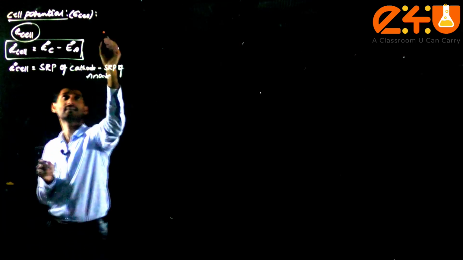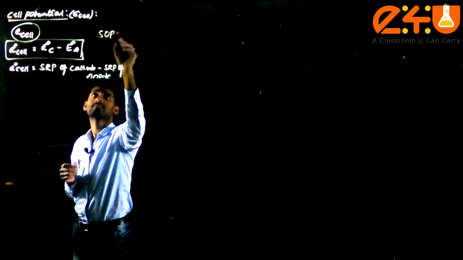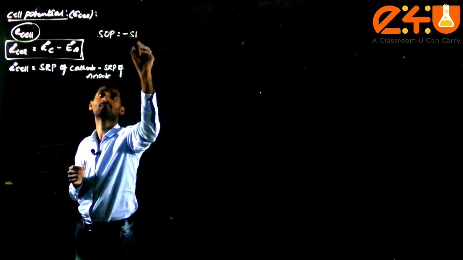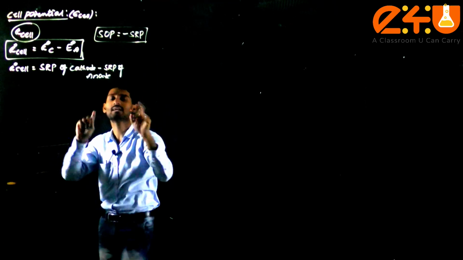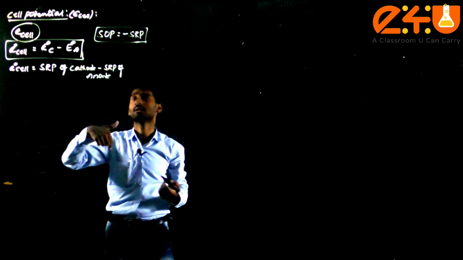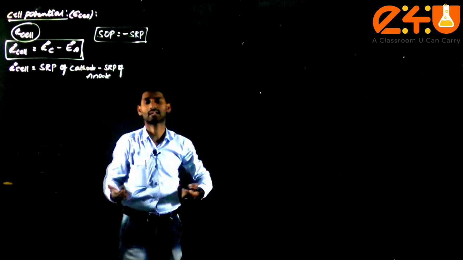We already discussed that standard oxidation potential is equal to the negative of standard reduction potential, because oxidation and reduction are reverse: oxidation is loss of electrons, whereas reduction is gain of electrons.